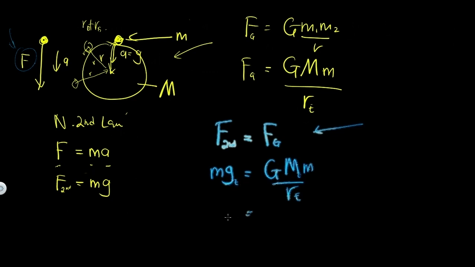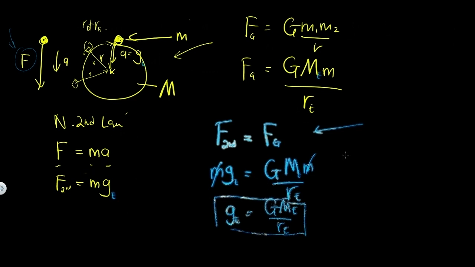The mass of the second object, m, we can cancel out. So what we get here is gE, since we are dealing with an object on Earth, equals G ME over RE squared. So this is the relationship between g, gravitational acceleration, and G, the gravitational constant.